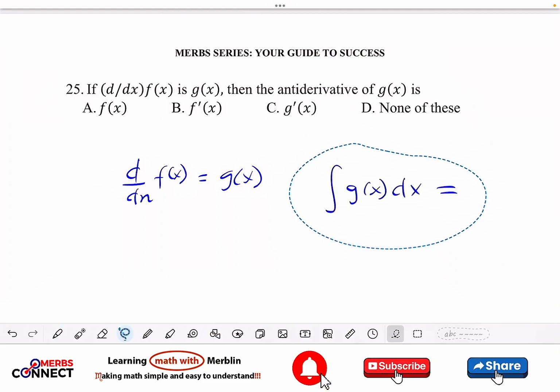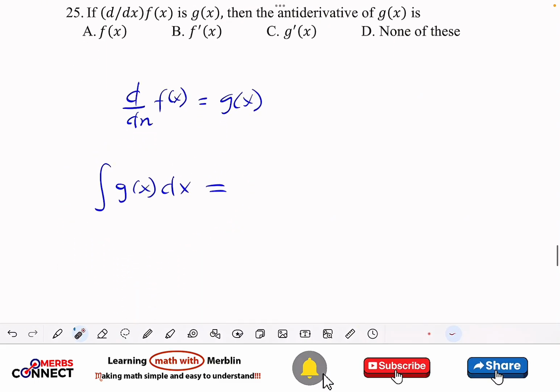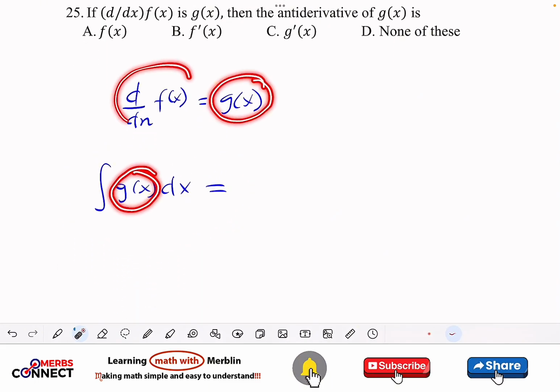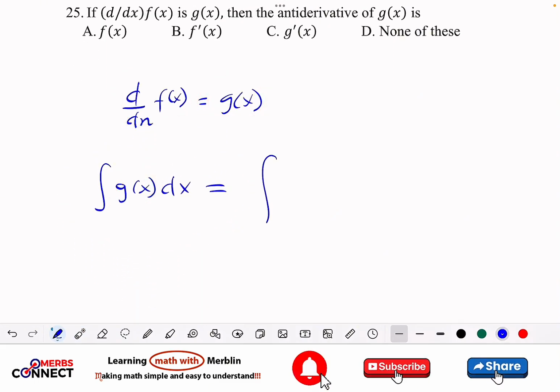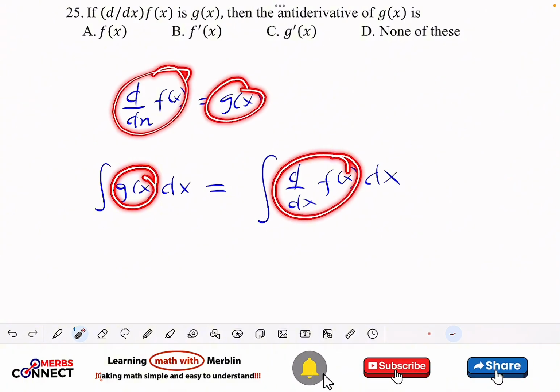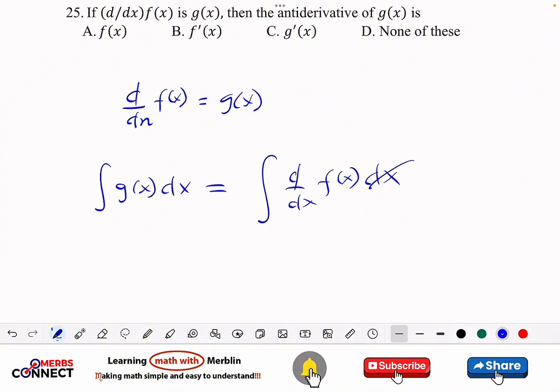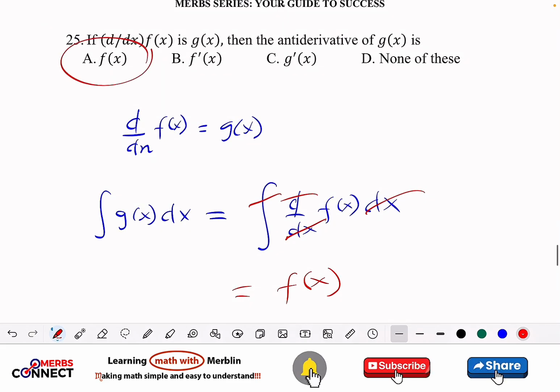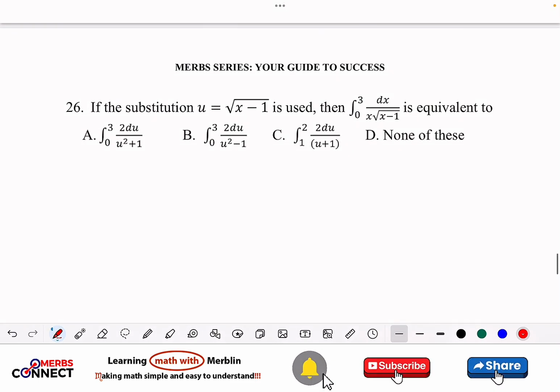That's the question. But we know that g of x is equal to this, so we can do substitution. D over dx f of x dx, because we know that g of x is equal to this. So that's what we have here. Now this d here will cancel this, so this is going to give us f of x. So this is just f of x right here that we are going to have.